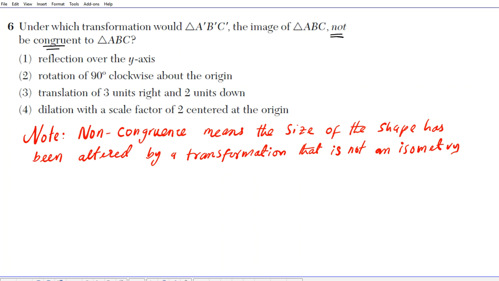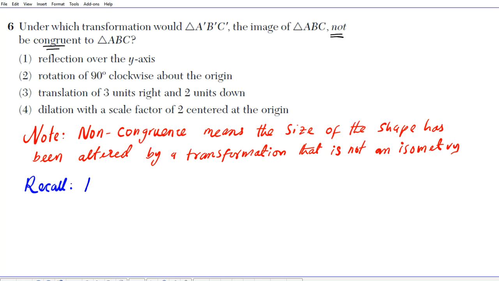Let's take a look at isometric transformations, and then if we list all of them out, it will be easy for you to see which option results in an image that's not congruent to the original.